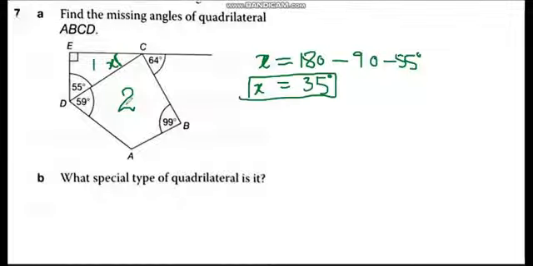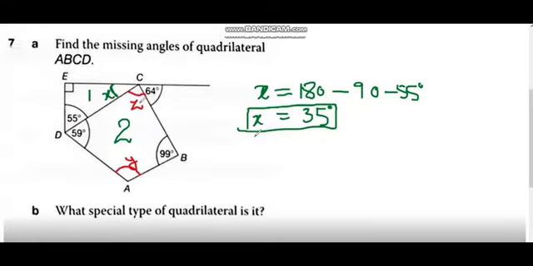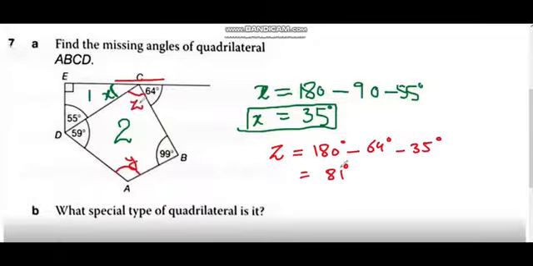Now to figure out the missing angles in the quadrilateral, we have to figure out two angles here. I can mark them with Y and Z. To find Z, we can consider a straight line over here. On a straight line, we know that the sum of angles should be 180. So we can subtract the given angles, 64 degrees and 35 degrees, from 180 degrees, and that will be 81 degrees.